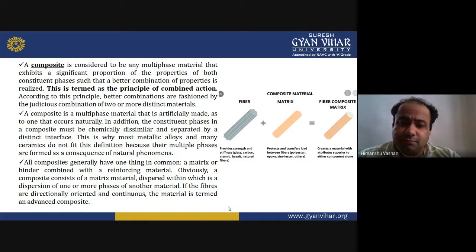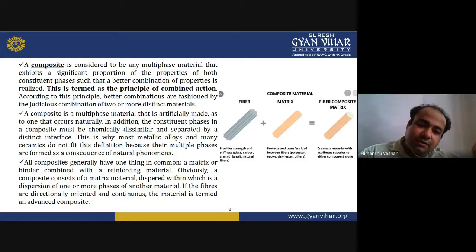That is why most metallic alloys and many ceramics do not fit this definition, because their multiple phases are formed as a consequence of natural phenomena.